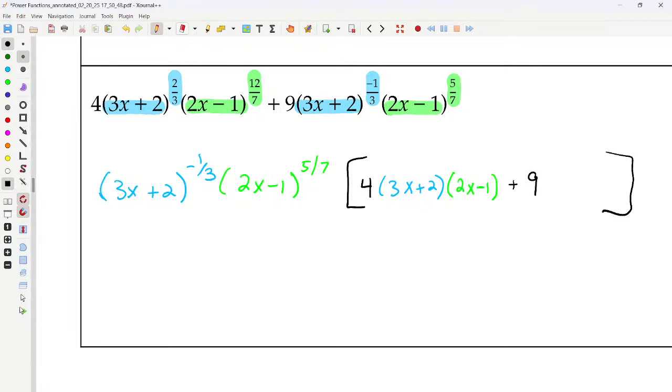One final time, this blue group divided by that is just going to cancel out nicely, as will that one. They're exactly the same thing. Not dragging this on any further, we'd have just this plus 9 remaining.